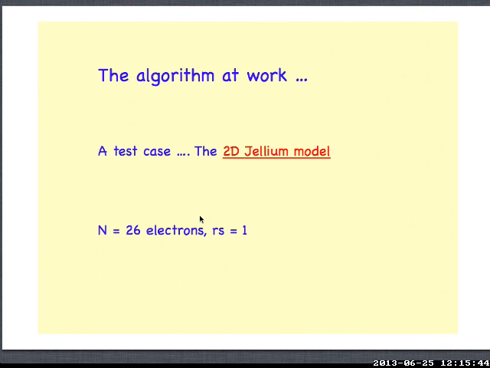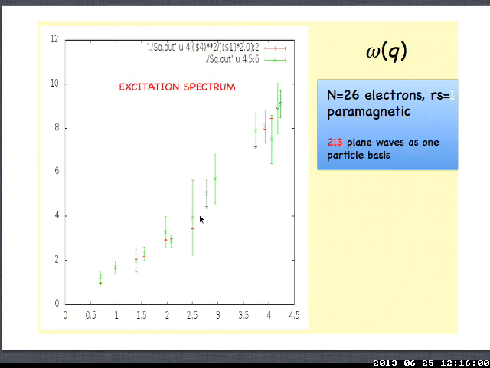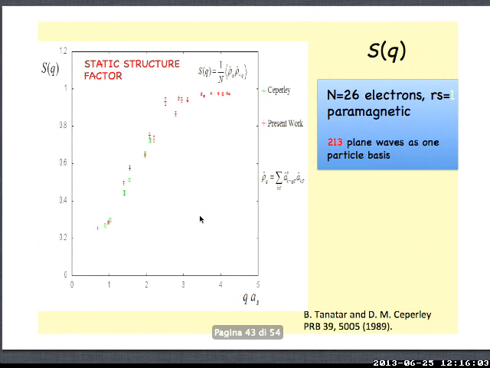And I end this discussion presenting some results for more electrons. Always the jellium model. We take more or less 200 plane waves as basis. I won't discuss it now because it requires the inversion.